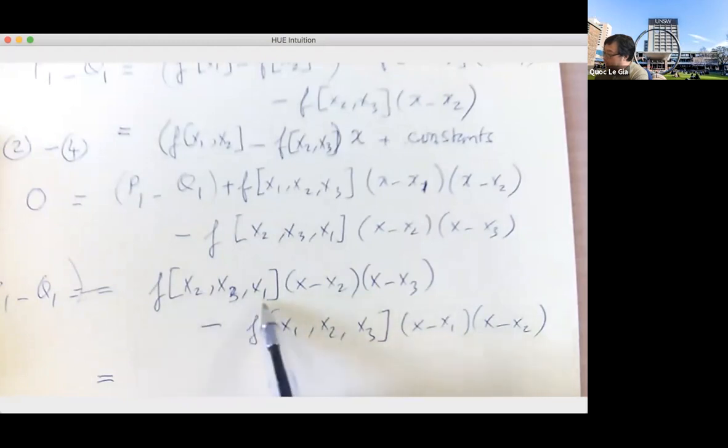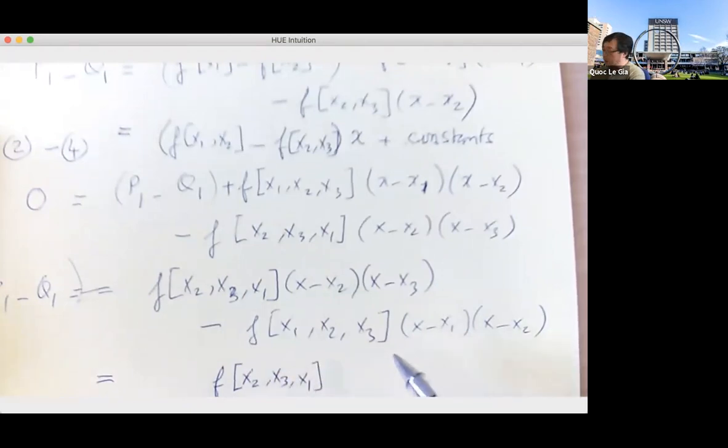So if you multiply it out, you have f of x2, x3, x1, and then you multiply it out, so you have x squared minus x2 plus x3 times x, plus x2 x3.